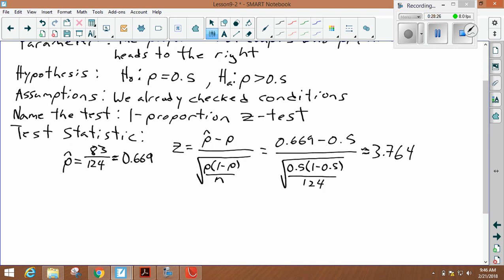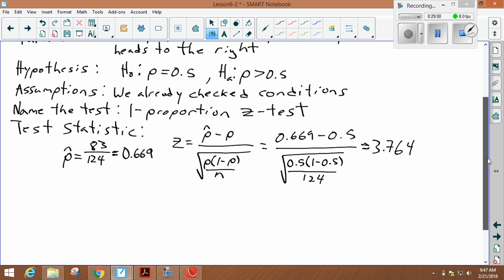For values that small and that large, your probabilities are quite small for values above 2, and quite small also for values below negative 2. Mine doesn't have a z-table, so I can't look at it. But let's go ahead and draw that.